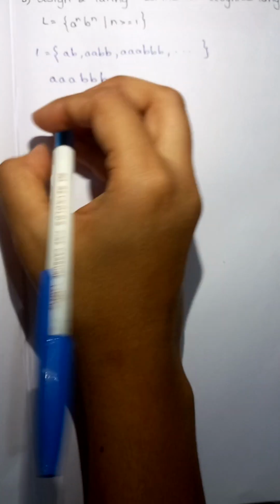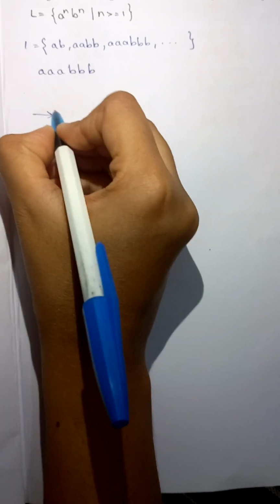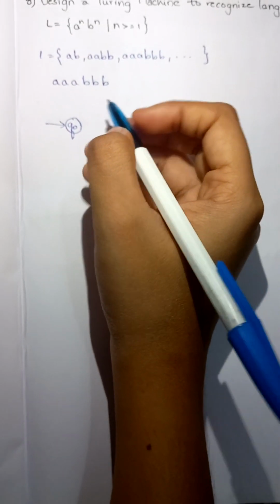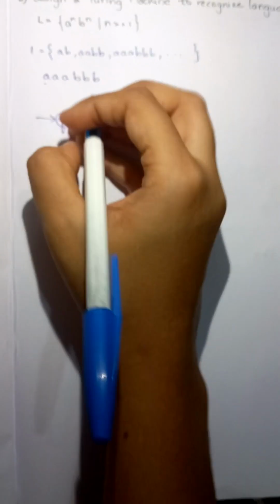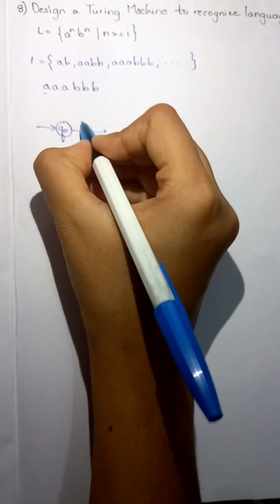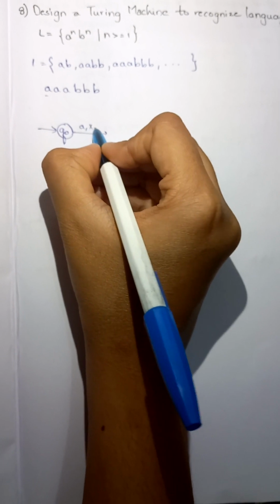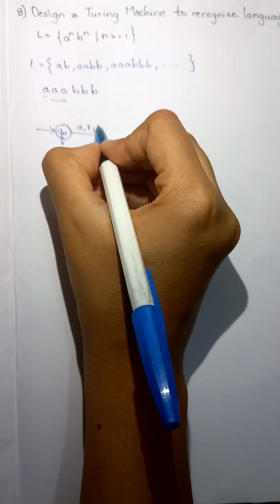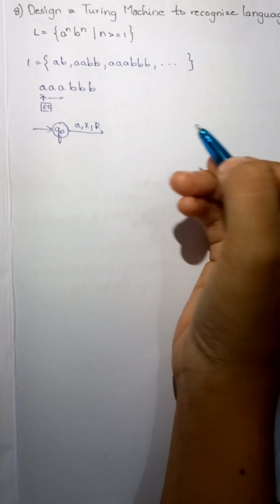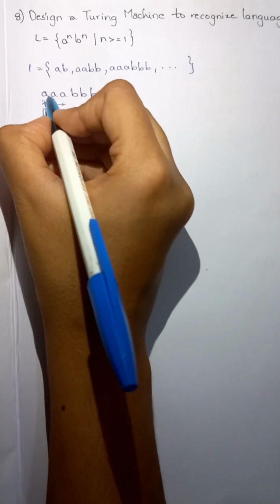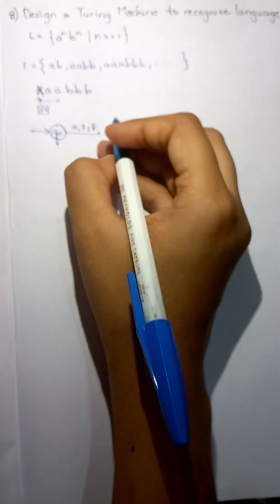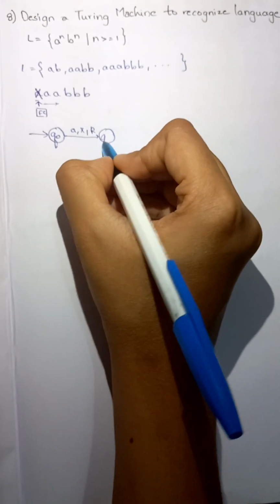So first, the initial state Q0, the input would be A. When the first input is A, the A should be changed to X and it should move towards right. So the finite controller points to A. And after changing A to X, how many ever A's are encountered, they should be the same.